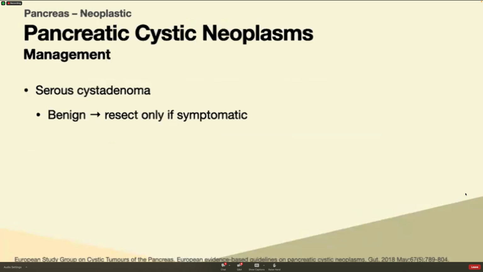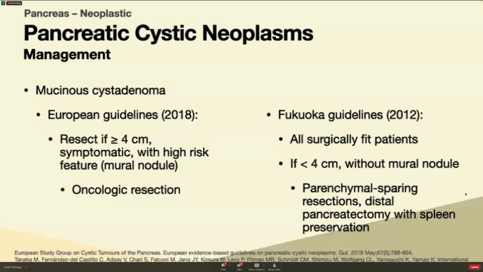For the management of the cystic neoplasms, for SCN, since it is benign, we only resect if the patient is symptomatic, because sometimes the tumors can be quite large, and this causes compressive symptoms. For MCN, there's some differences in the guidelines.